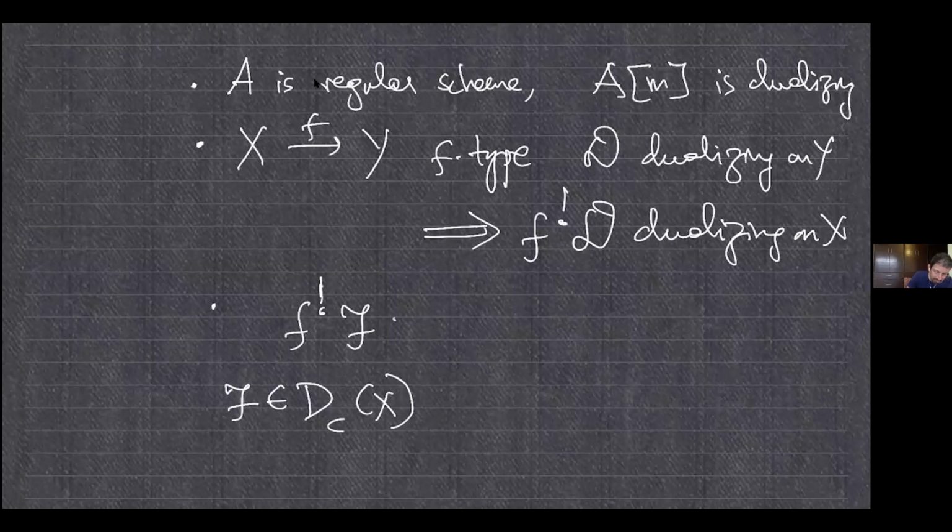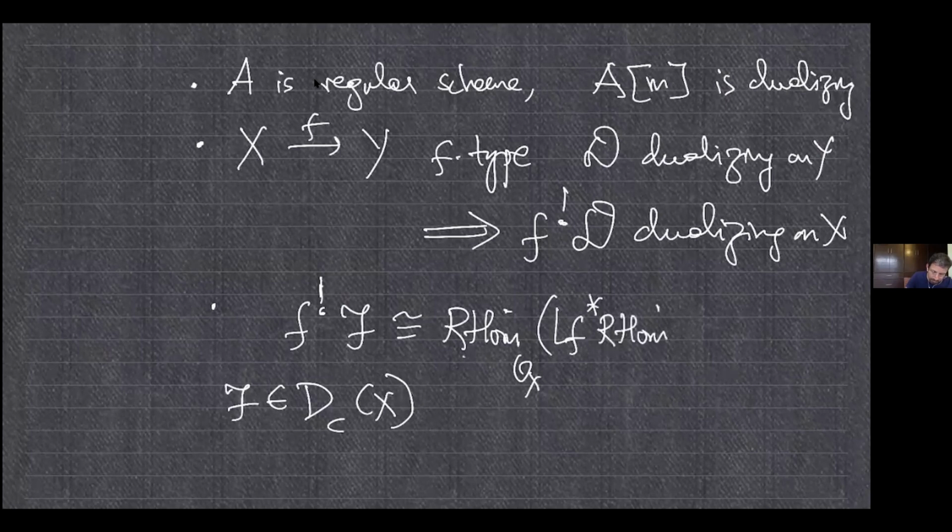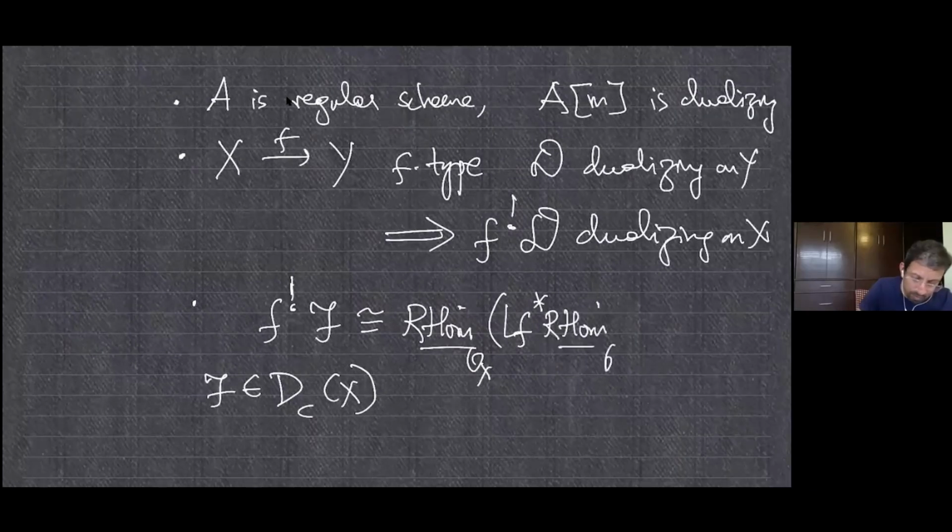Then this is isomorphic to the double dual: RHom_{O_Y}(Lf^*RHom_{O_Y}(F, D), f^!D).